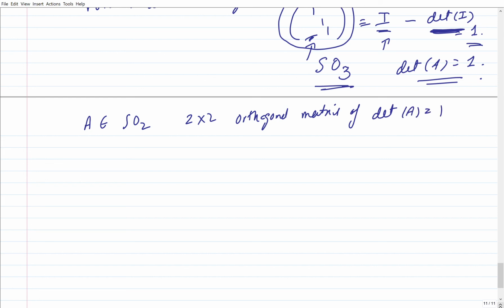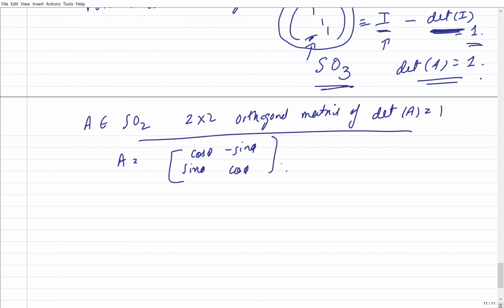Well, they are rotations, as we already saw, that we can write the matrix A describing such a rotation as when we started, with cosine theta.